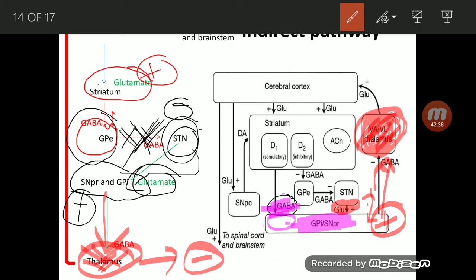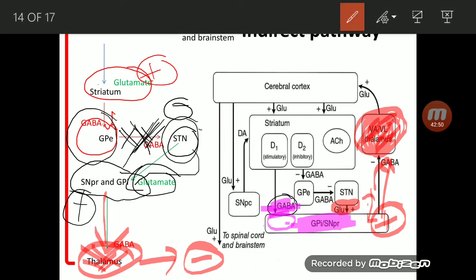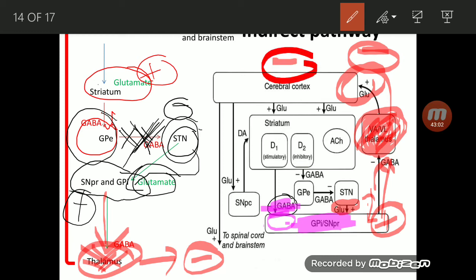So when it blocks your thalamus, the release of glutamate to your cerebral cortex is inhibited. Once the release of glutamate into your cerebral cortex is inhibited, you get a signal which tells you not to move.